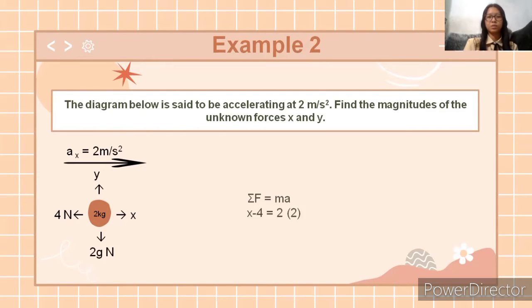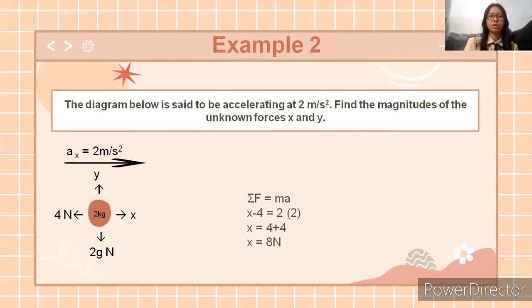Sigma F is X minus 4 is equal to 2, which is the mass 2 kilograms, times acceleration 2 meters per second squared. 2 times 2 is 4. We move negative 4 to the right side, so X is equal to 4 plus 4. X is equal to 8 Newton.